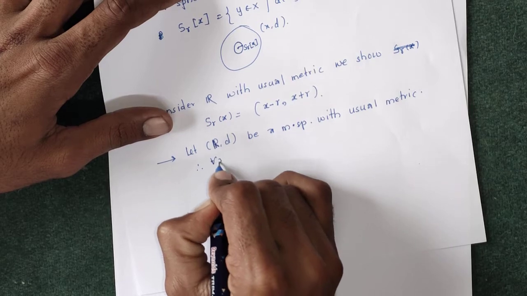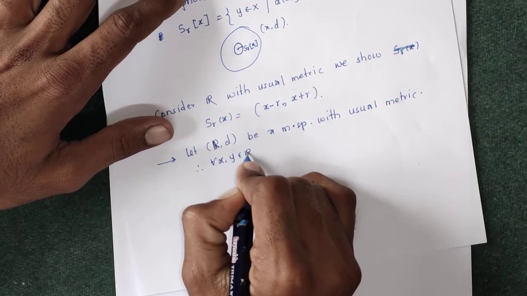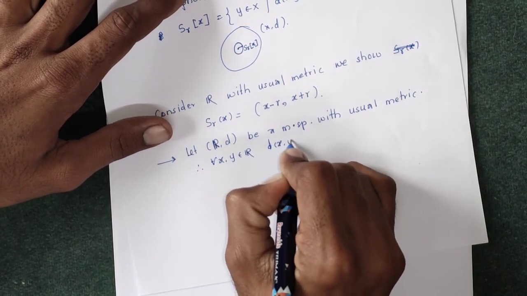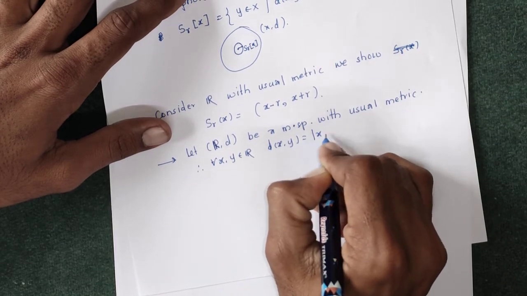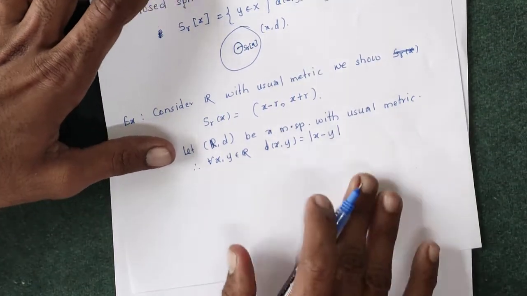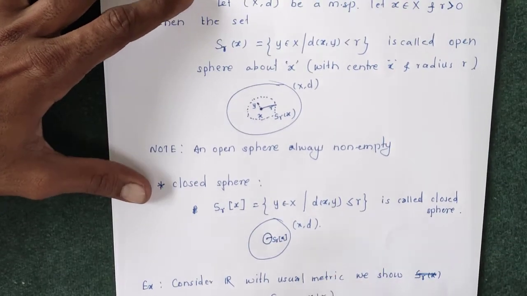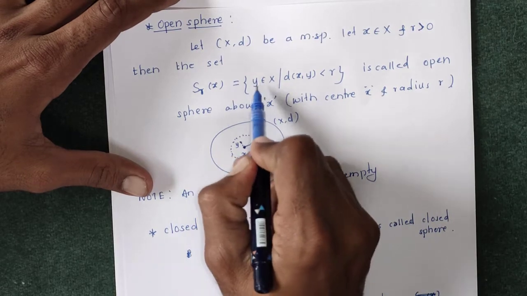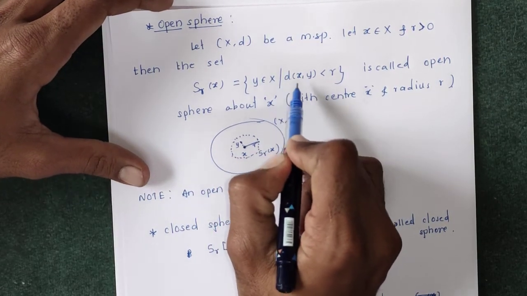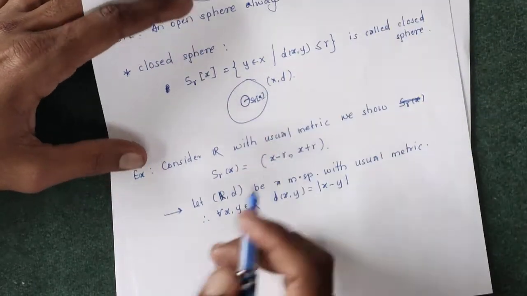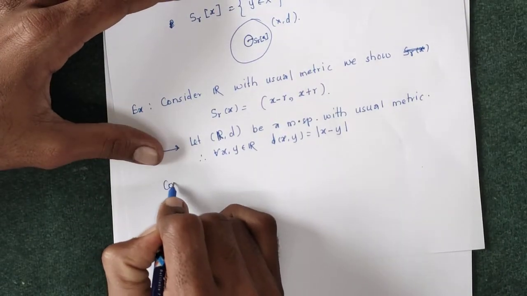Therefore, for all x, y belongs to R, d(x, y) equals mod x minus y. Now we have to show S_r(x) equals (x minus r, x plus r). So the definition of S_r(x) is {y belongs to X such that d(x, y) less than r}. Now consider that definition.